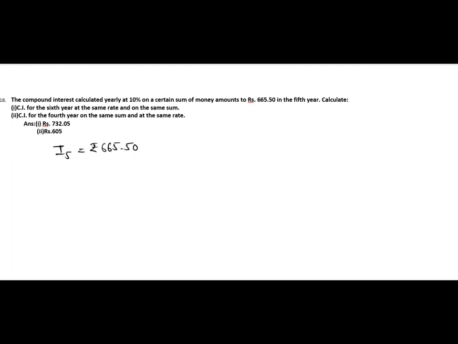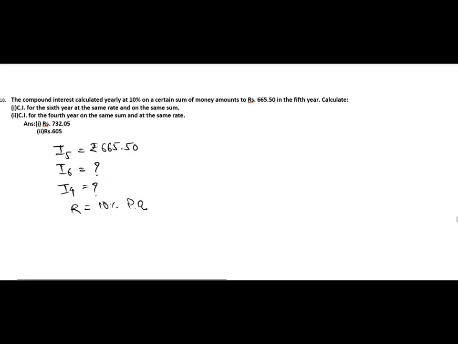Calculate the compound interest for the sixth year at the same rate and on the same sum, I6. And calculate the compound interest for the fourth year on the same sum at the same rate. No need of principal over here, right? I4. And what is the rate? The rate is 10% per annum.